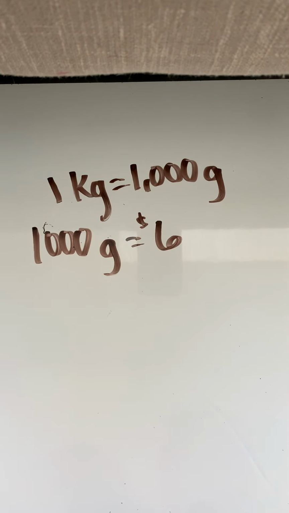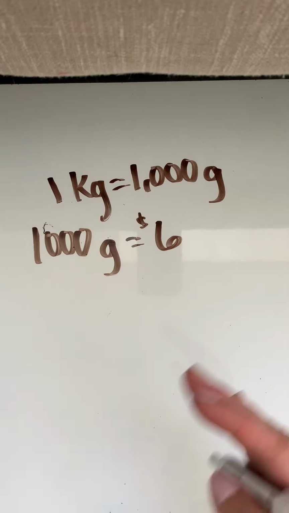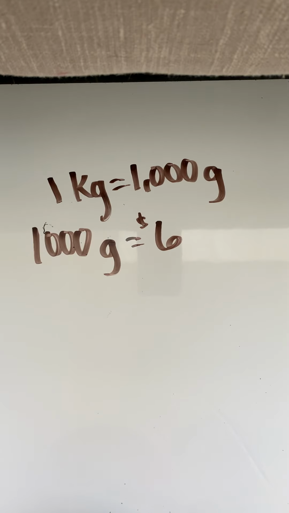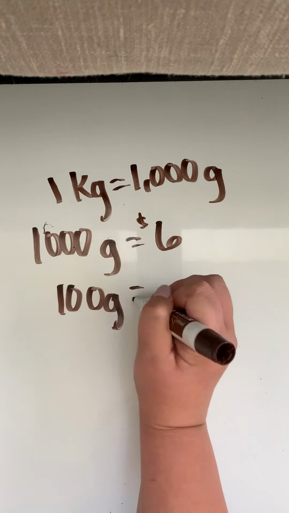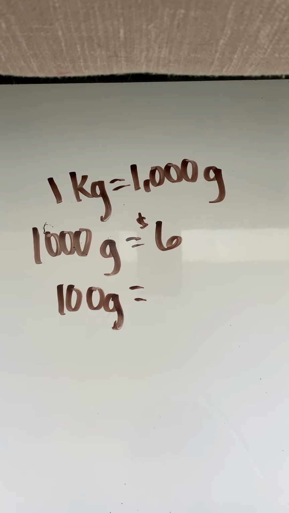Tells me that in the problem. All right, so 1,000 grams equals $6. So now I need to figure out, all right, well, how much would 100 grams be? I'm going to keep breaking it down, okay? How much would 100 grams be? I don't know, because we're trying to get to 400. I'm trying to make it easier.